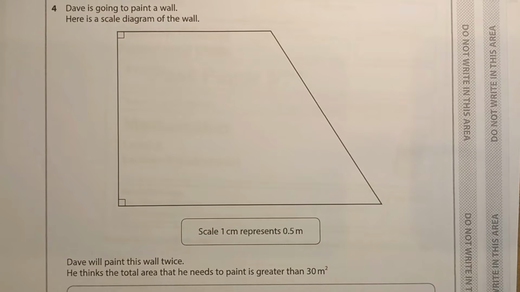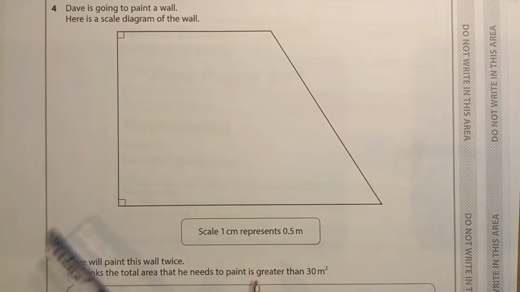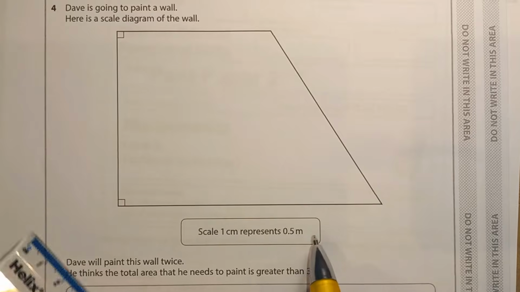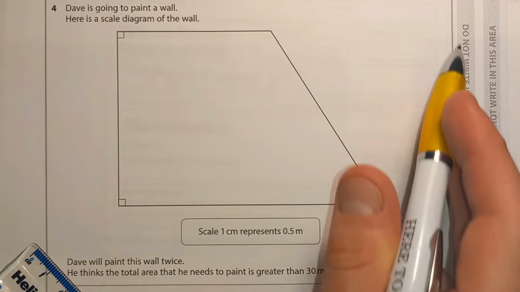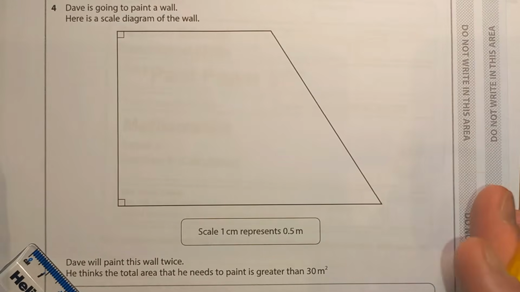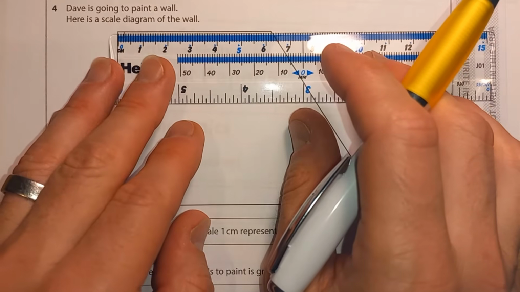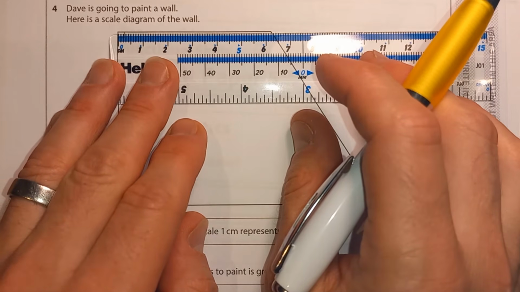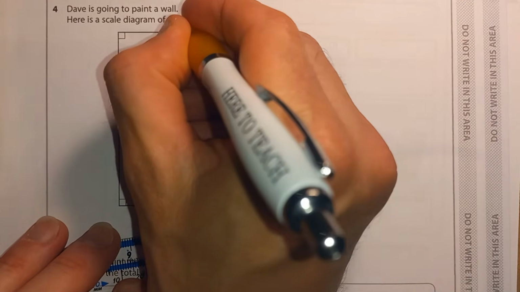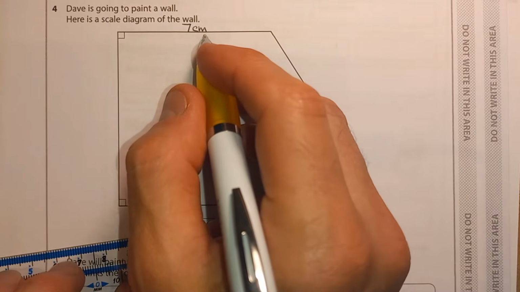Okay, now, they haven't told us the measurements, but they've told us the scale. So what we need to do is actually measure the distances. Now, because this is a sample paper, and it's printed out with these extra "do not write in this area" columns added, the paper has sort of shrunk down. So if I measure across here, for example, 6.2 or 6.3 centimetres, I know that on the real exam paper, it would measure as 7 centimetres.